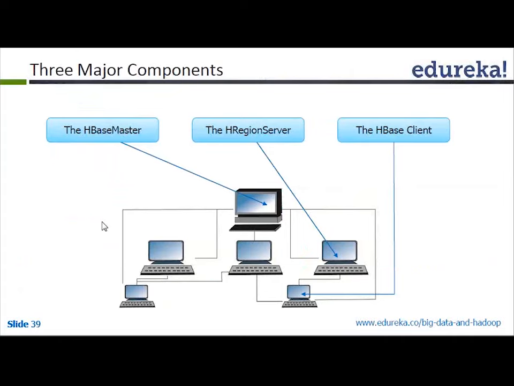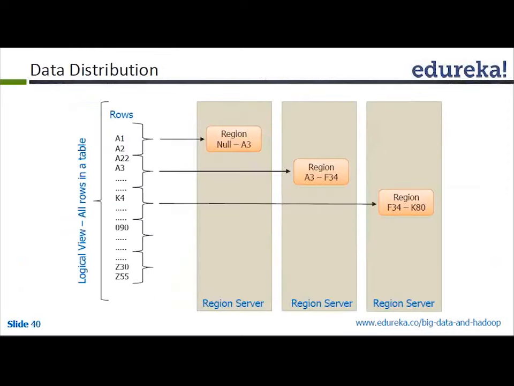So that is the crux. The client will always talk to the Zookeeper, the project lead. The Zookeeper will get all the details from the HMaster, and then the actual data is accessed from the region servers by the clients. So this is the way HBase works, folks.